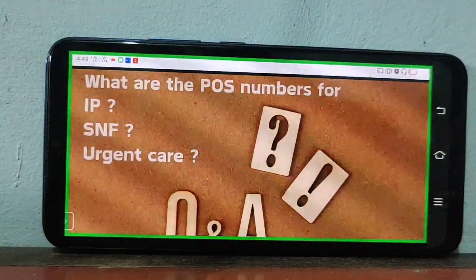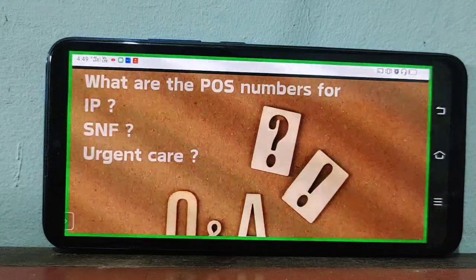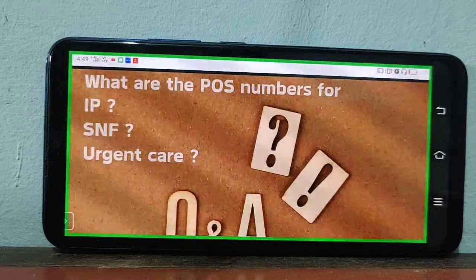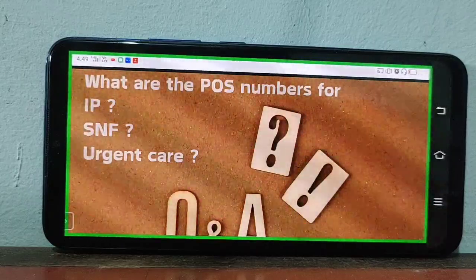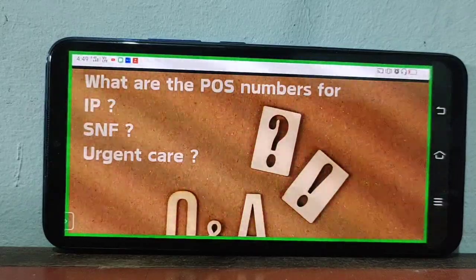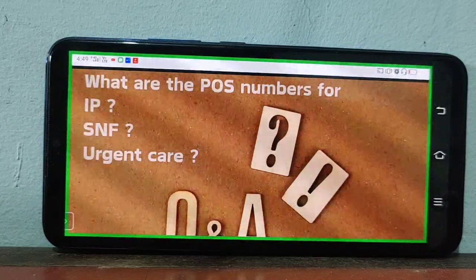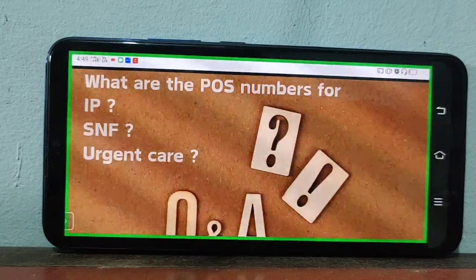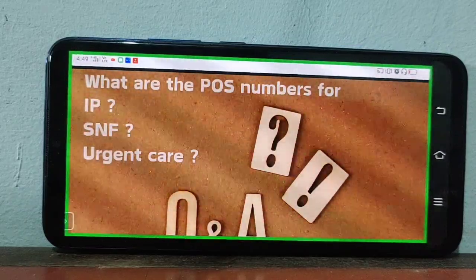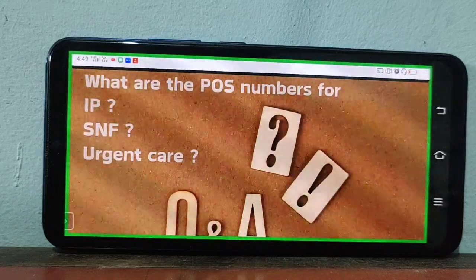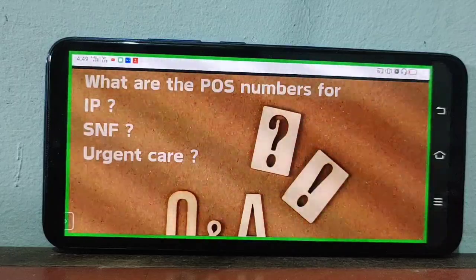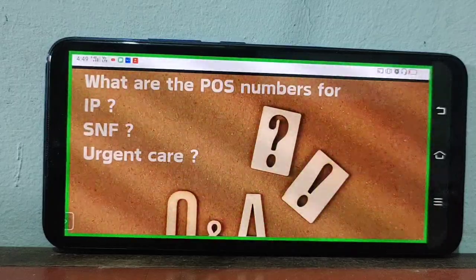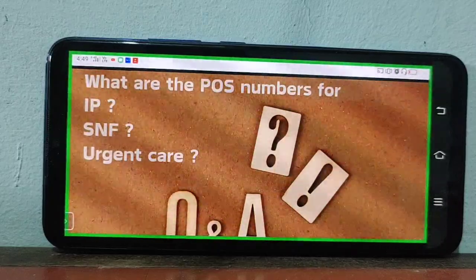Then check what is the POS for IP. Use your e-book or hard copy. IP means inpatient.